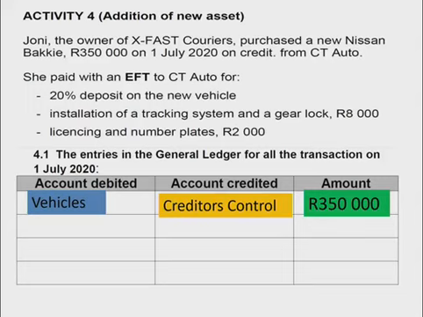So now she's not buying a vehicle. She's now paying the creditor.